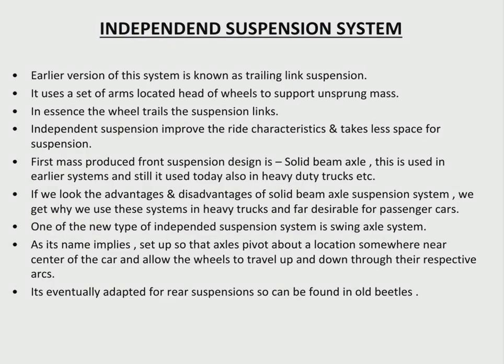So what is the independent suspension system? An earlier version of this system is known as the trailing link suspension. It uses a set of arms located ahead of the vehicle to support the unsprung mass. What is meant by unsprung mass? There are two types of masses in an automobile system: the sprung mass and the unsprung mass.